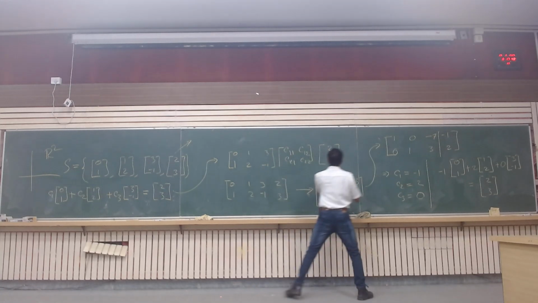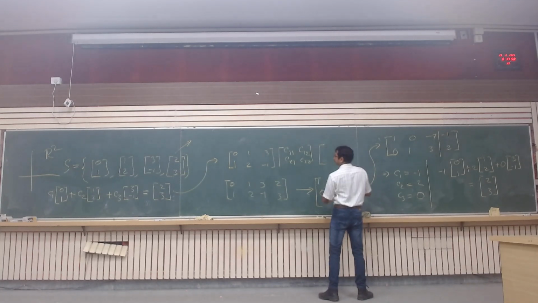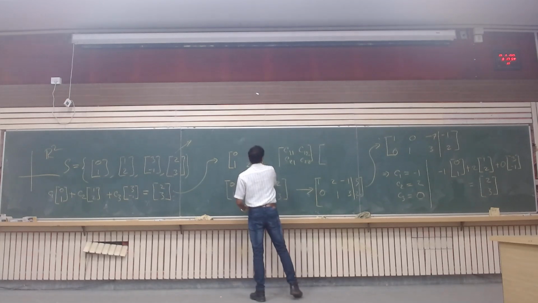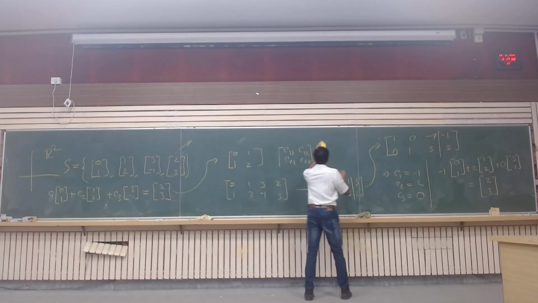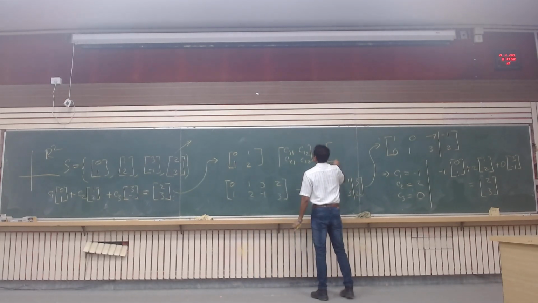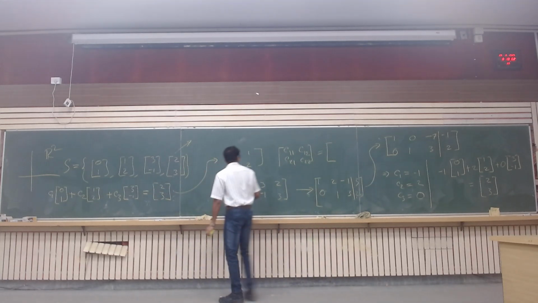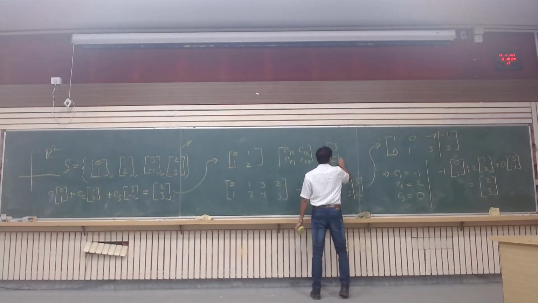Now we are solving this one, okay? This one times this is equal to the last 2 columns, okay? So 3 minus 1 and 2, 3, okay? 3, yes.